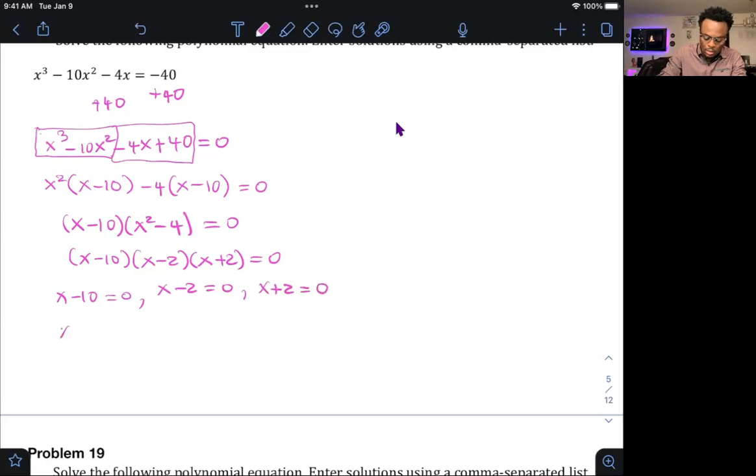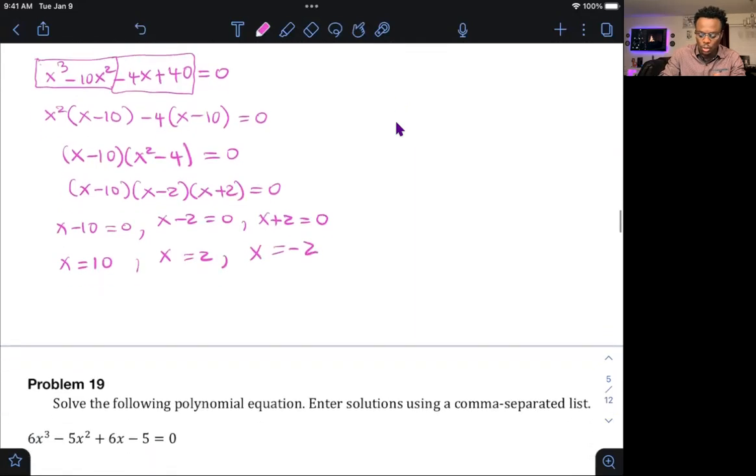So that says x equals 10 is one solution. x equals 2 is another solution. And x equals negative 2 is the third solution. So that makes the solution set 10, 2, negative 2.